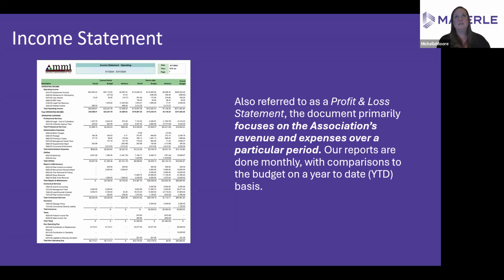And so where this kind of gets a little bit tricky is for cash accounting, which most of our associations are on. Like Jason mentioned earlier, because cash accounting is based on when expenses are paid and income is received, sometimes you'll see maybe we got a trash bill late the prior month, so we paid it on the first of the month, and then we got the next one and we paid it on the 30th.